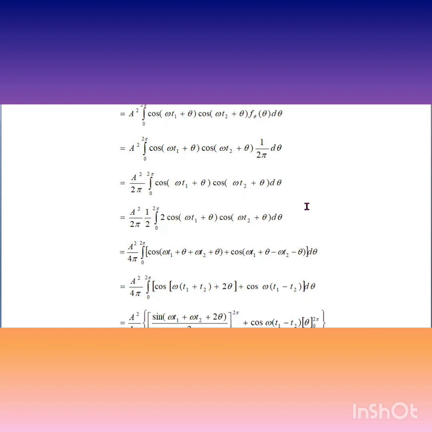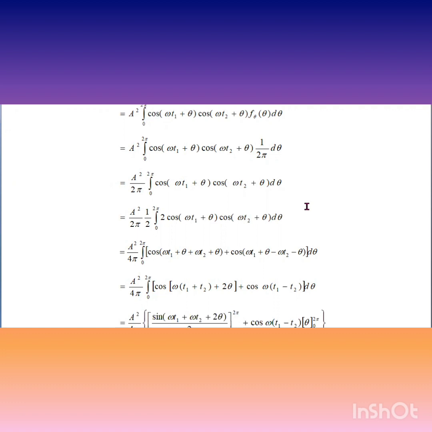So what is cos A cos B? You know very well, cos A cos B is equal to 1 by 2 into [cos(A + B) + cos(A − B)].